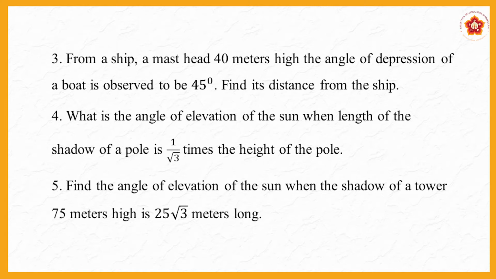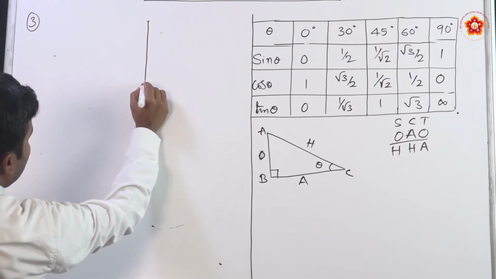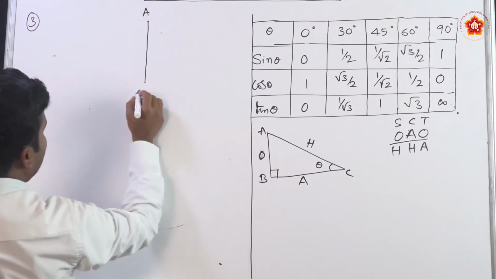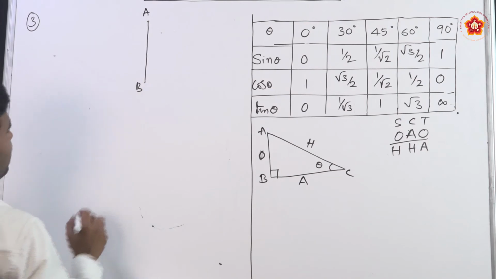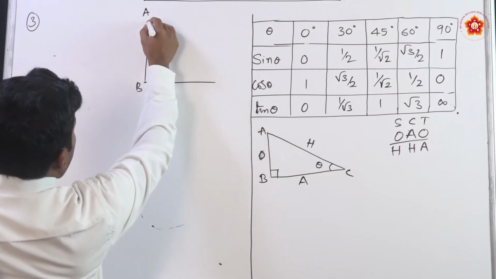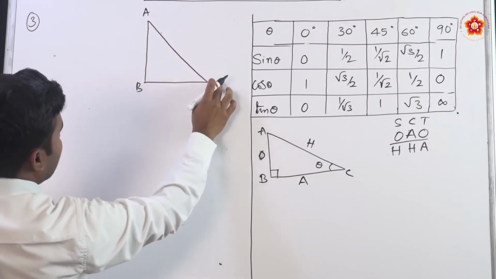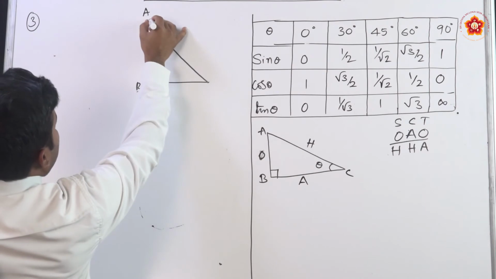Before getting to the problem, we have to draw a diagram. I will write the diagram. This is the mast head AB, that is the length of the mast head, and here the angle of depression is observed to be 45 degrees.